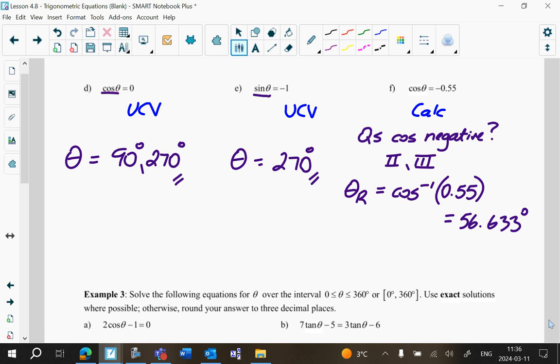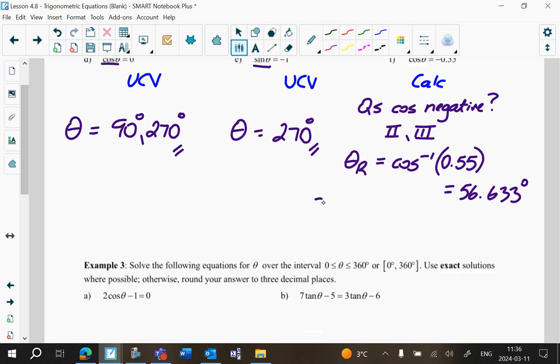So in quadrant 2, how do I find the actual angle? No, never 90, never 270.